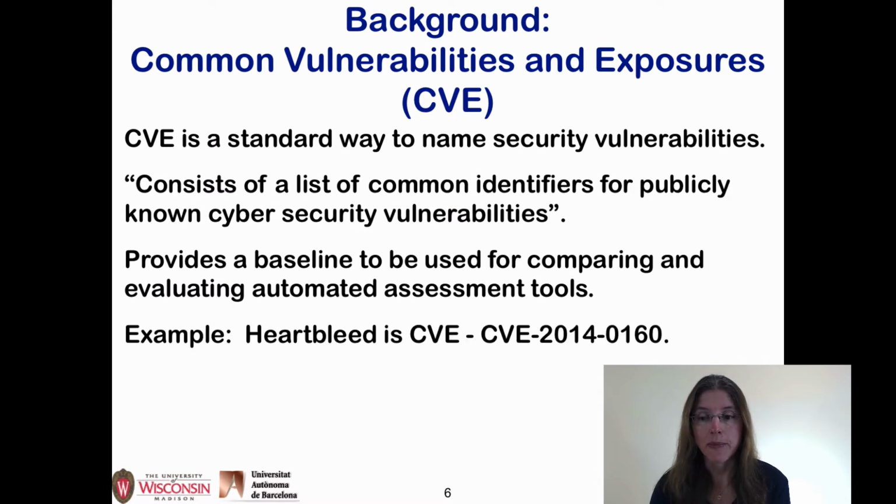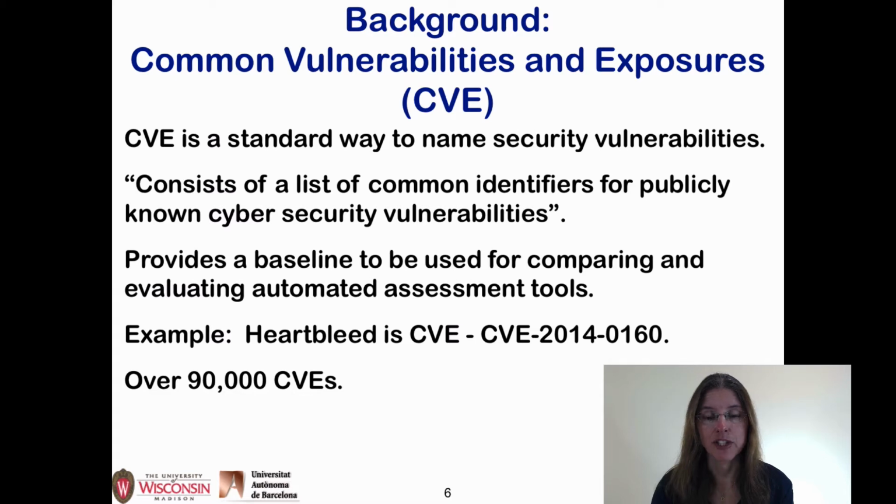For example, older versions of OpenSSH had the Heartbleed vulnerability, which is CVE-2014-0160. So this CVE will describe the vulnerability and the version of the software to which it applies. Currently, there are over 90,000 CVEs, and more CVEs are reported each year.